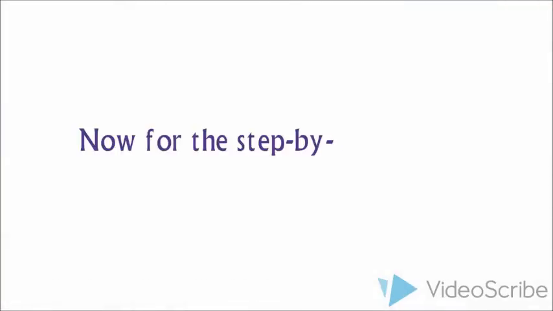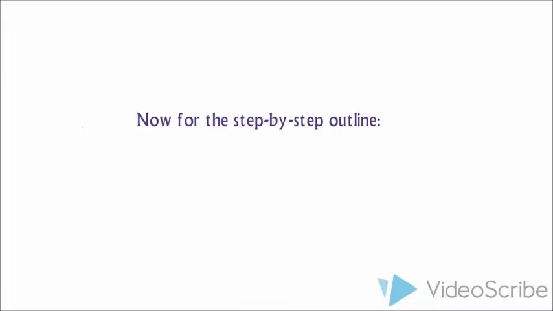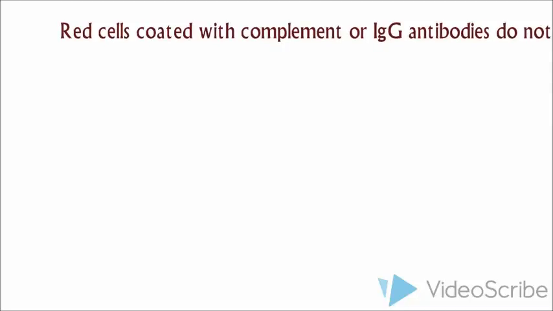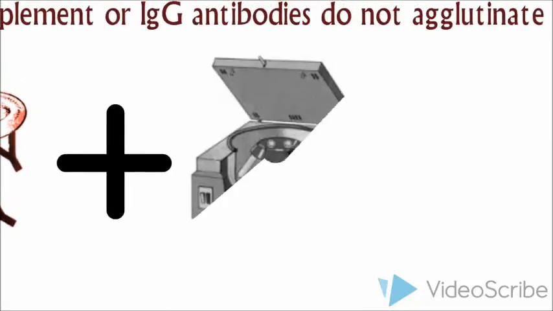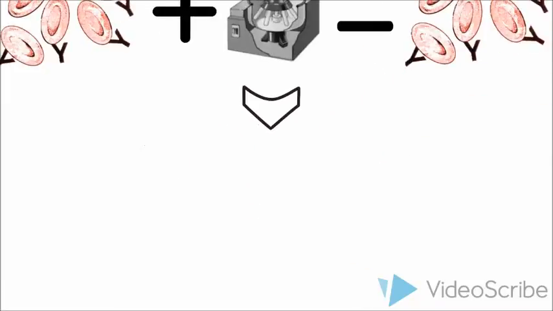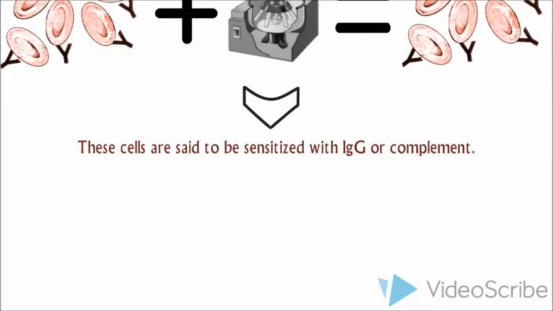Now, for the step-by-step outline, the red cells will be coated with complement or IgG antibodies that do not agglutinate directly when centrifuged. This means that when you directly take the red blood cells and centrifuge them, you would not have any form of agglutination occurring. These cells are said to be sensitized with IgG or complement.